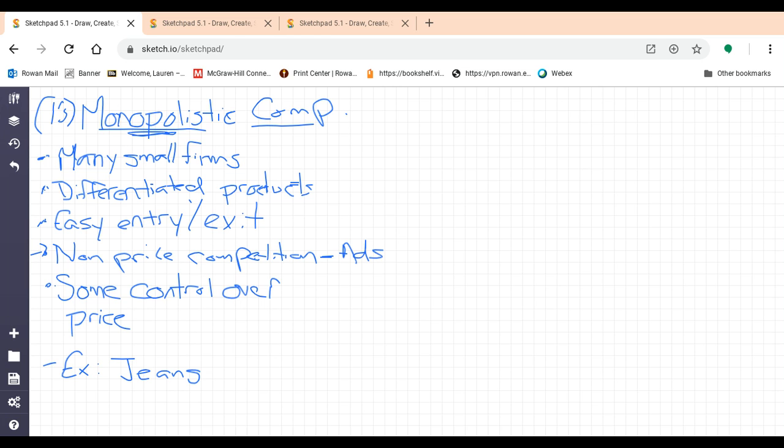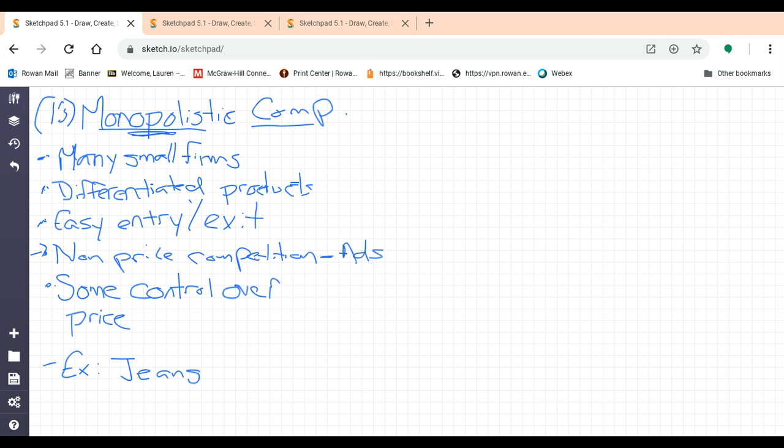An example we can talk about is the market for jeans. We probably all have our favorite pair of jeans, and they're going to differ in a lot of ways. Probably we like different brands, colors, fits, anything like that. Even pricing, like if we're okay spending $100 for a pair of jeans versus not.